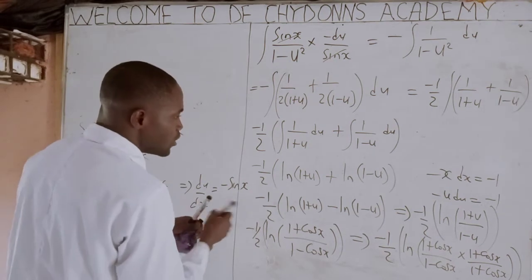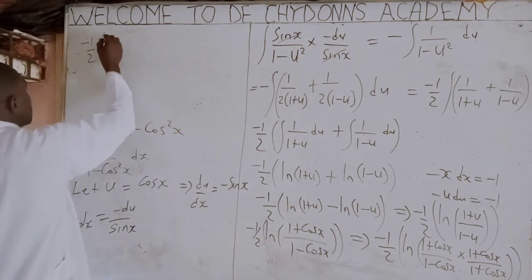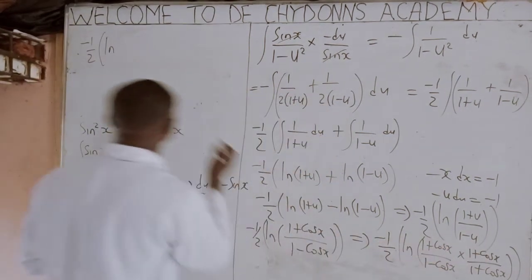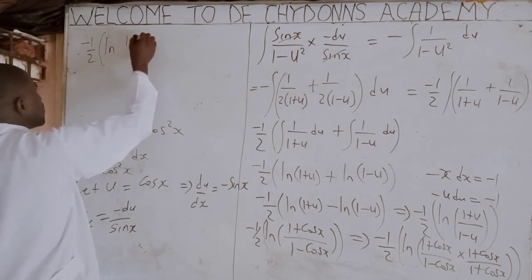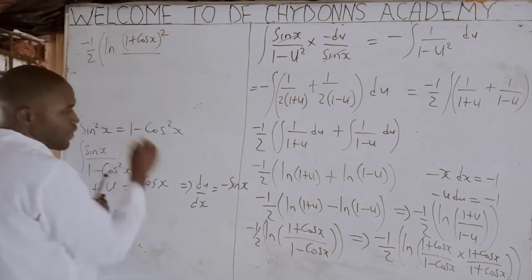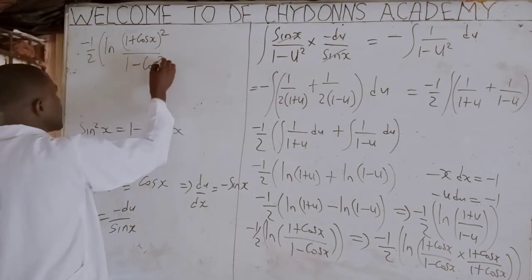This will be giving you minus 1 over 2 ln what? This times this will give me 1 plus cos x all squared, all over, this times this will give me 1 minus cos squared x.